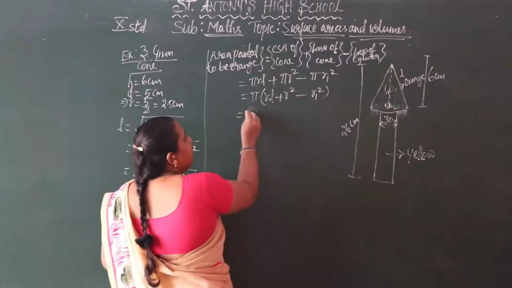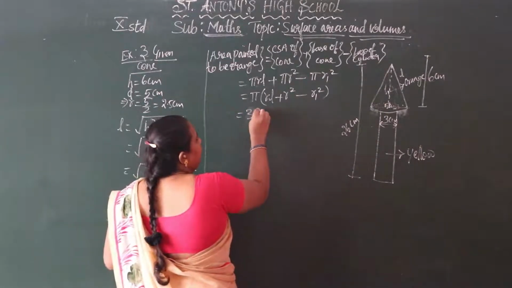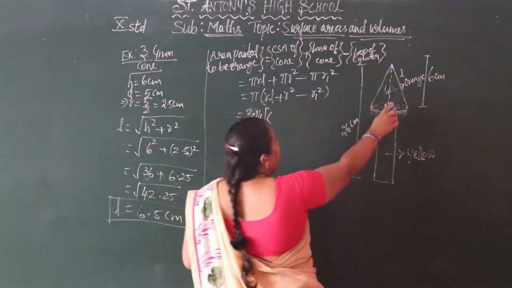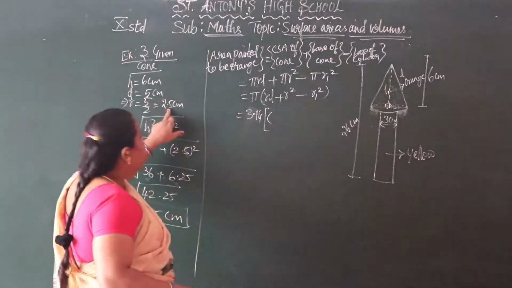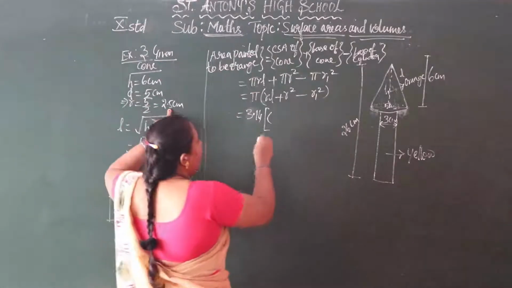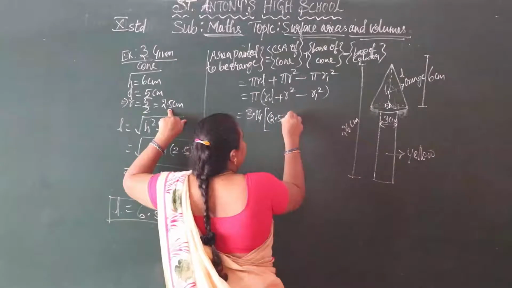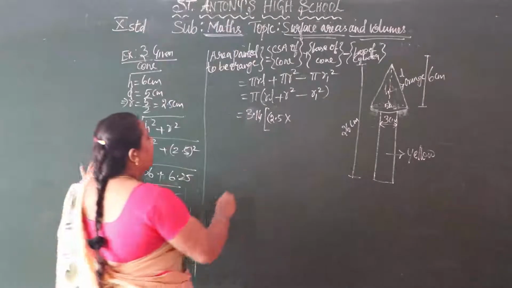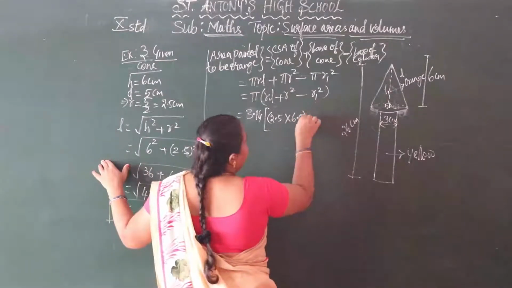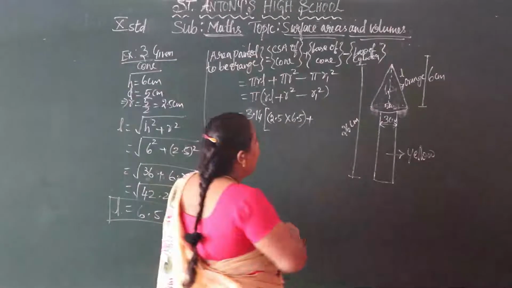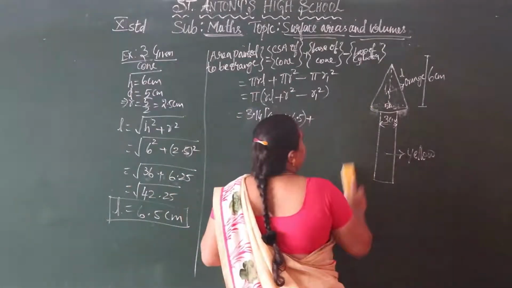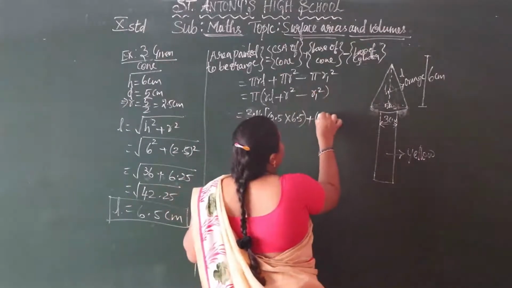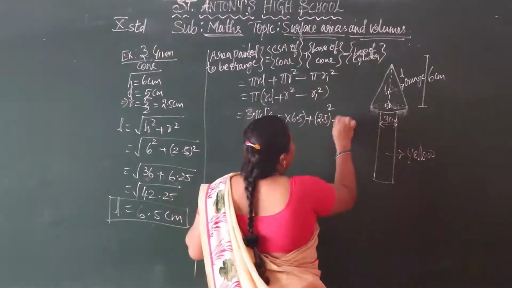So the pi value is 3.14 into r, where r is 2.5 centimeter, into L, where L is 6.5 centimeter, plus r square, that is 2.5 square, minus r1 square.